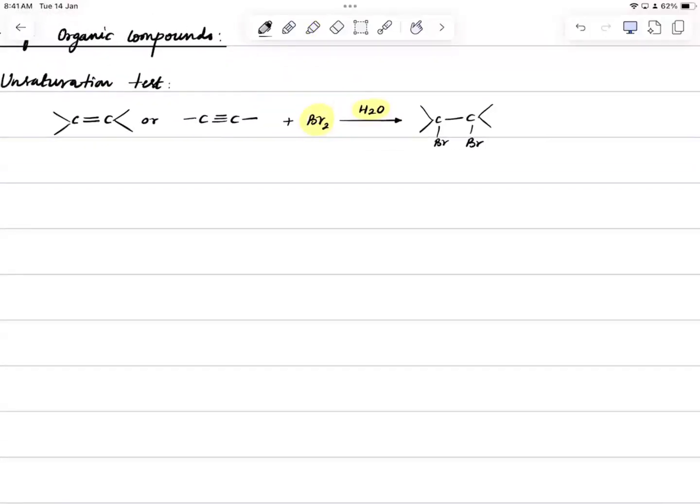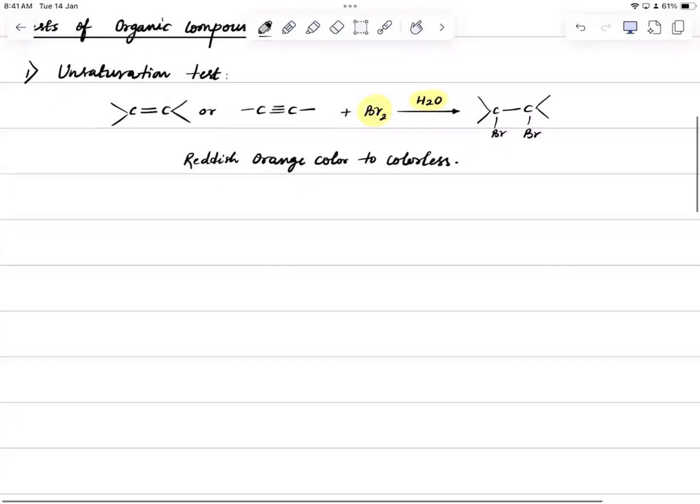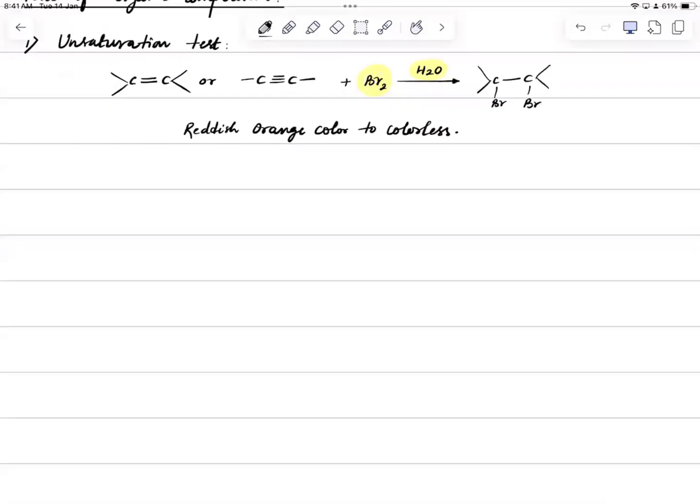So when it is bromine water, the color changes from reddish orange color to colorless. This is what you will expect. Correct? As a bromine water, is there anywhere else it will do any other work? Yes, indeed.